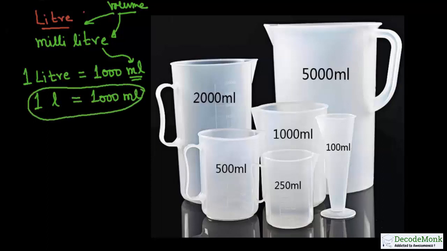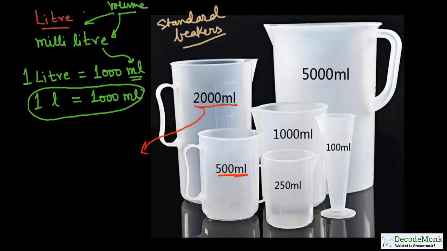And to measure these volumes, modern people have devised standard beakers. These are standard beakers which are calibrated to measure certain volumes. For example, this beaker is calibrated to measure 500 milliliter. This beaker is calibrated to measure 2000 milliliter.